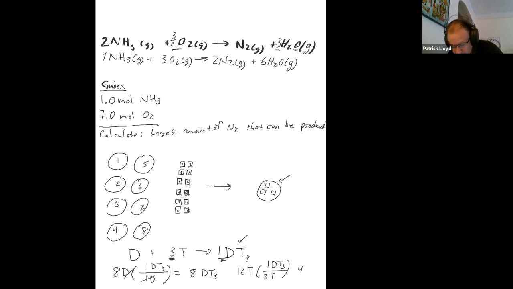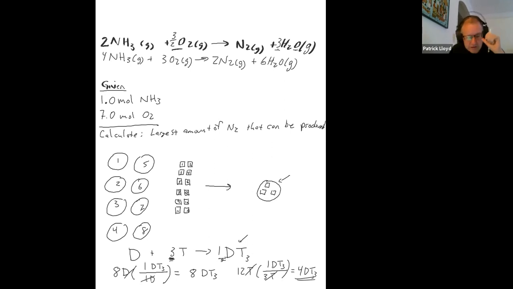So that means you can get 12 over 3, which is 4 pizzas. So the answer then would be not 8. We don't have enough toppings to make 8 pizzas. We have enough toppings to make 4 pizzas. So the amount of pizza that we would make would be 4.